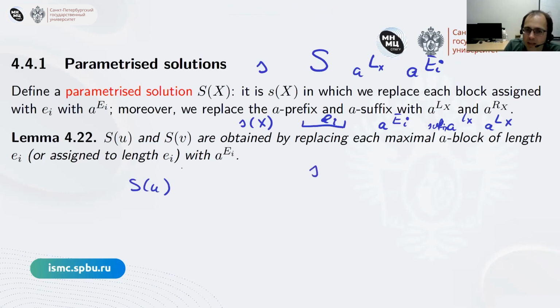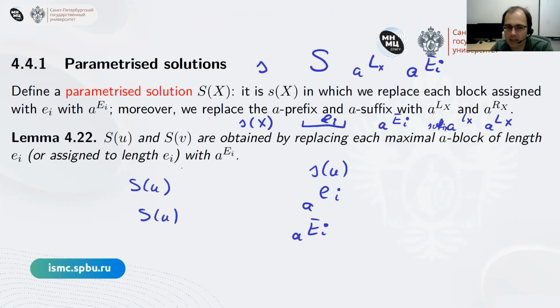And then it turns out, by some simple induction, that if you look at S on U, and if S on U at some place had a block of length Ei, then this S on U has a block of a to Ei. Well, because this is the way it is defined. Those arithmetic expressions are defined by looking at what is being used by this maximal block, whether this is a suffix or some constants.